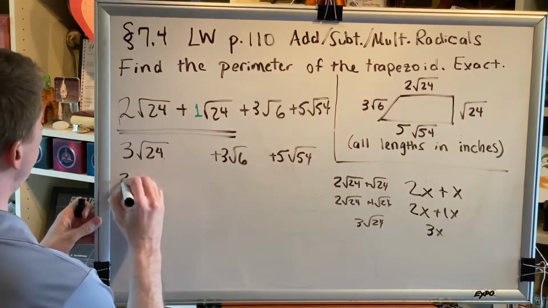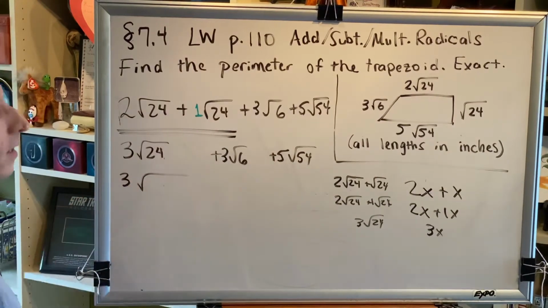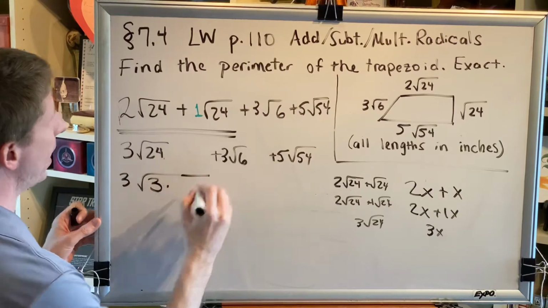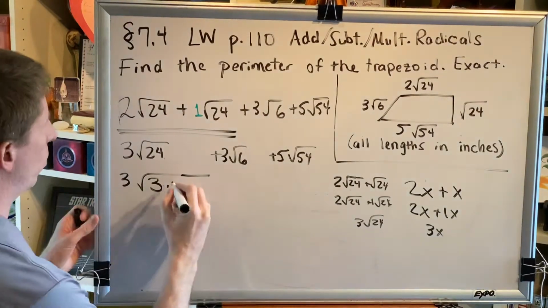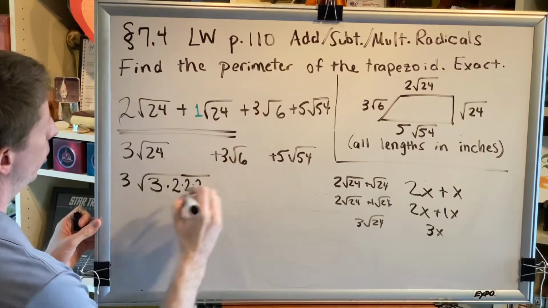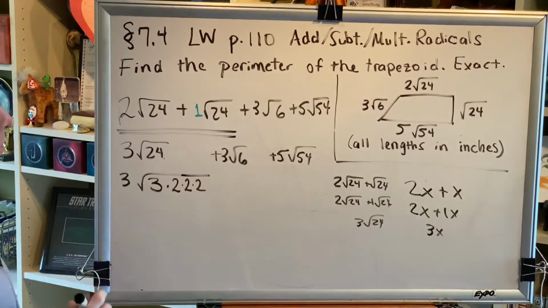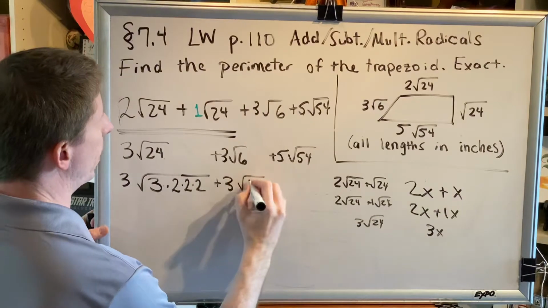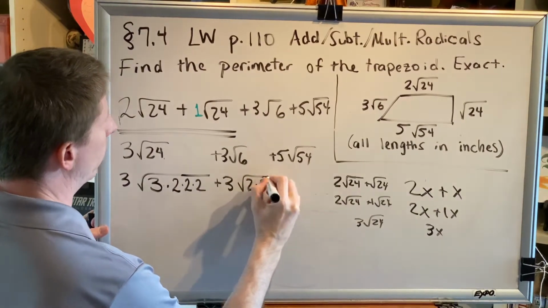Here we go. We know that 24 is 3 times 8, and we know that 8 is 2 times 2 times 2. So this is another way of writing 3 root 24. Let's continue on. 6 is the same thing as 2 times 3.